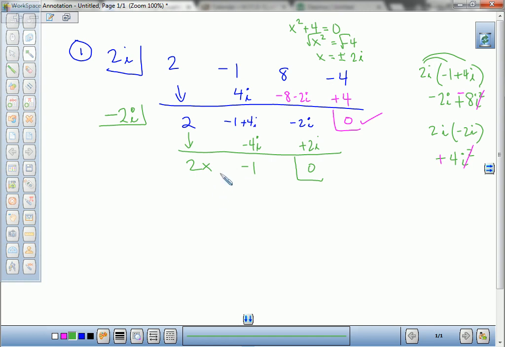So this is just a binomial, 2x minus 1. There's no square this time. There's no extra third one. So if we set this equal to 0, is that pretty easy to solve? You add 1 and divide by 2.